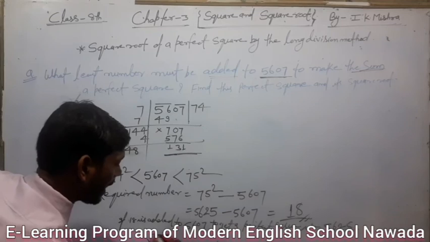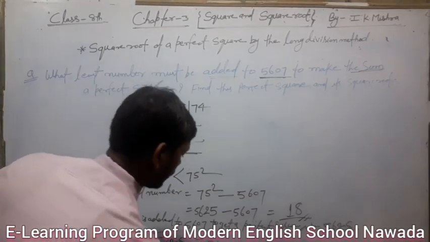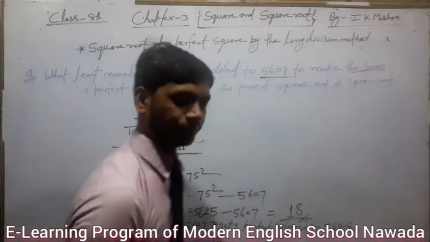So the square root of 5625 is equal to 75.